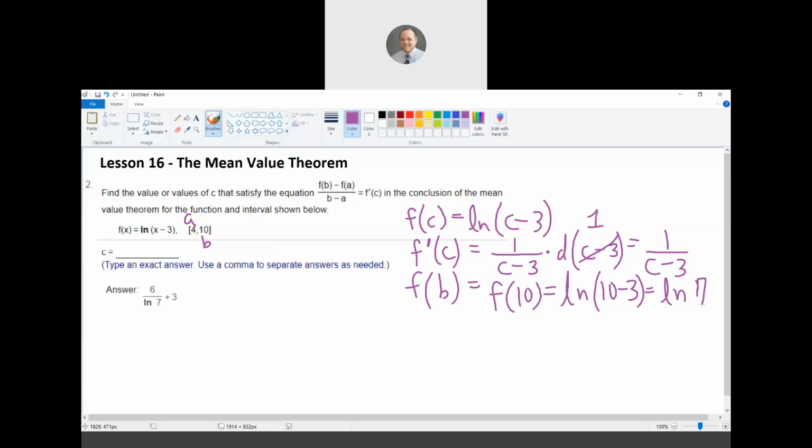Next, find f of a, with a being the value 4. Go back to your original function, and this time around, replace each x with 4. So that is natural log of 4 minus 3 in parentheses. We get natural log of 1, and natural log of 1 is 0.